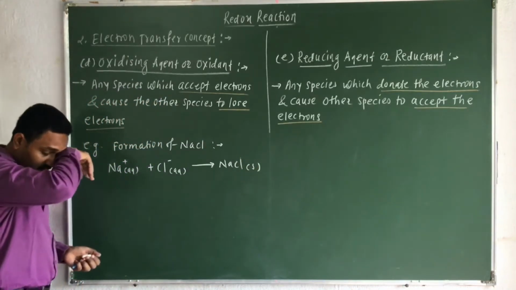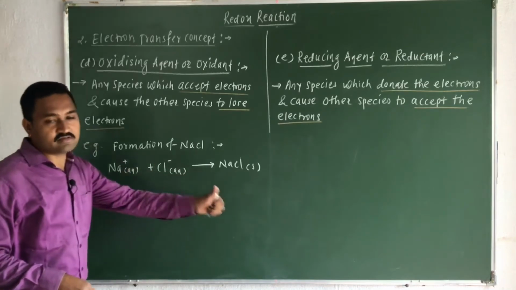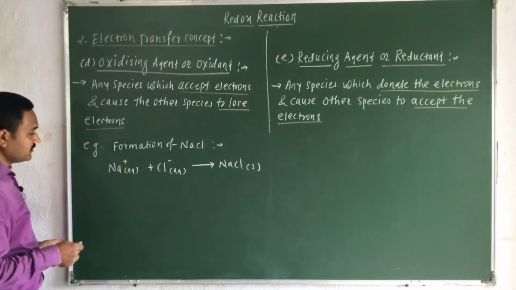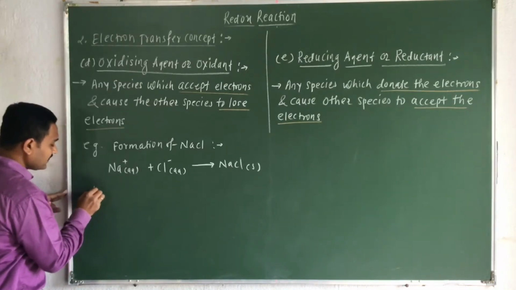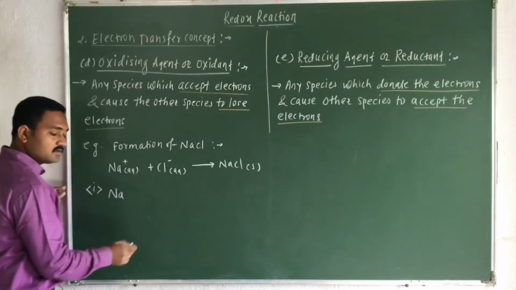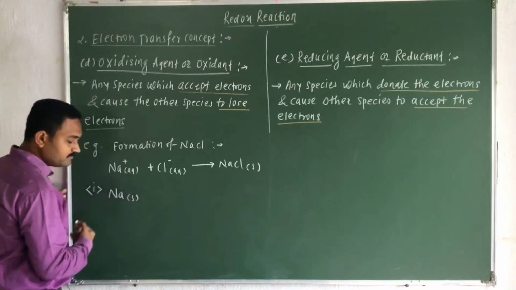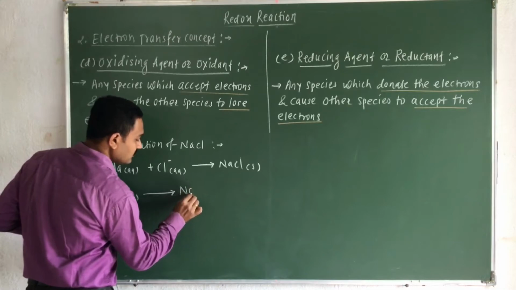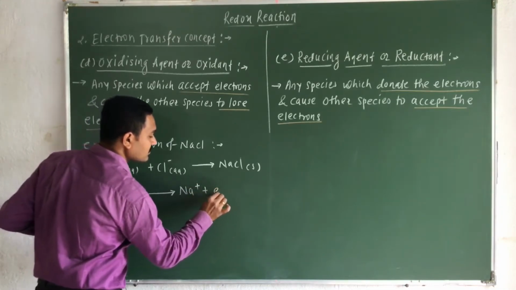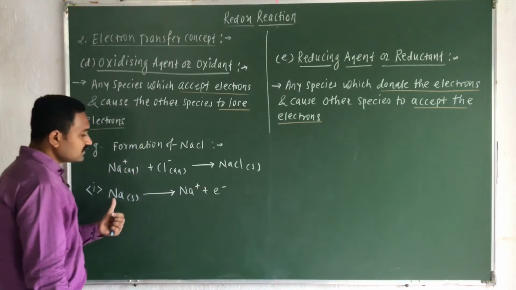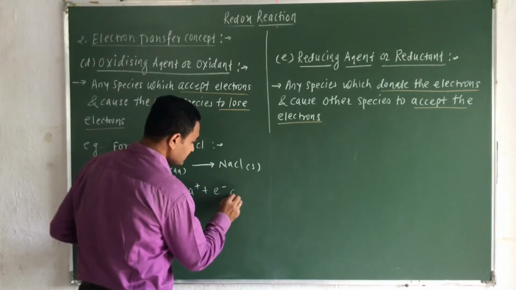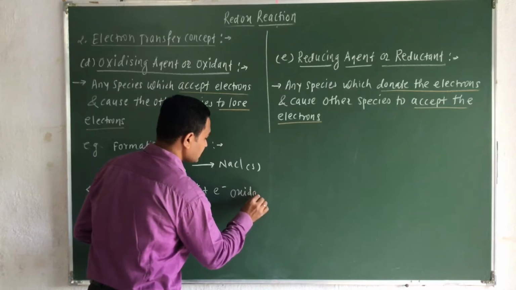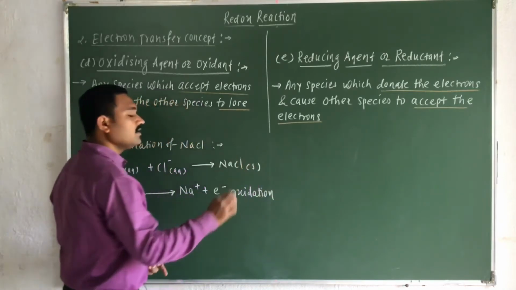Let us find out which of the species acts as an oxidizing agent and which acts as a reducing agent. Now if I consider the overall reaction, sodium is converted to sodium plus ion. So here there is a loss of electron, and this process is known as an oxidation process.